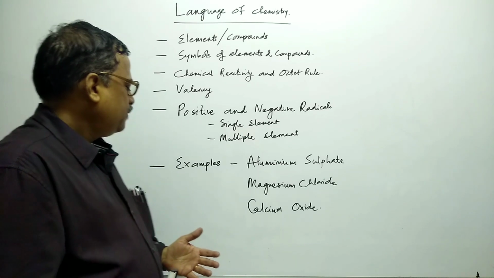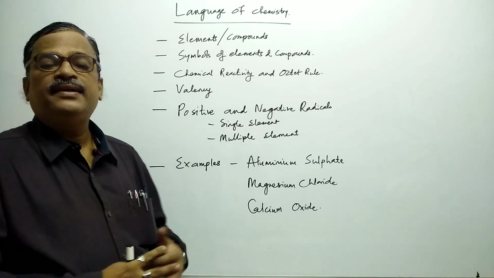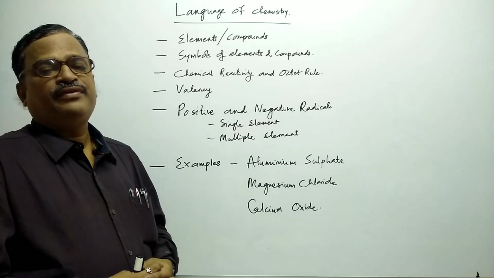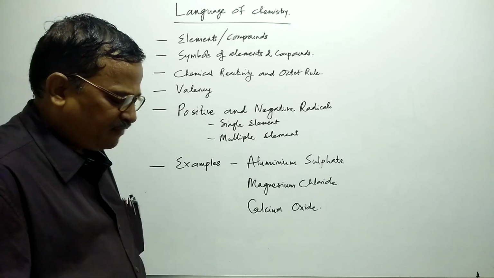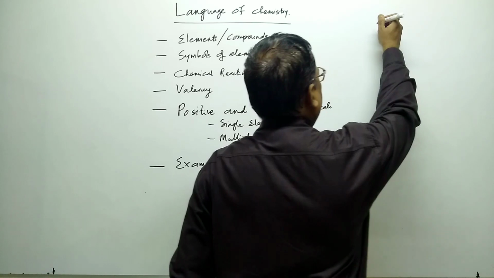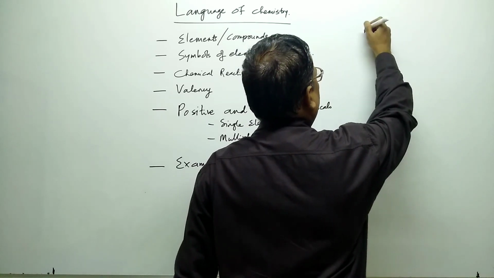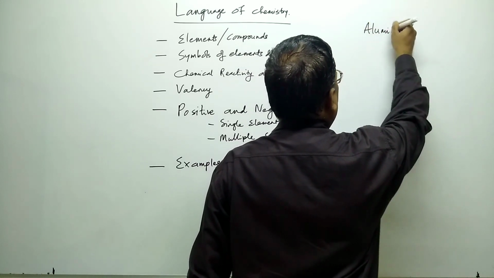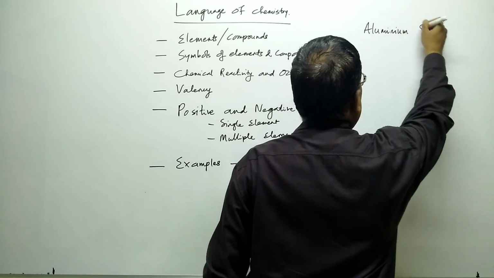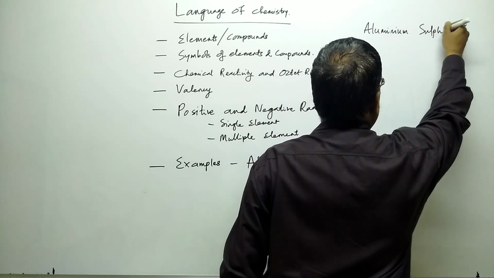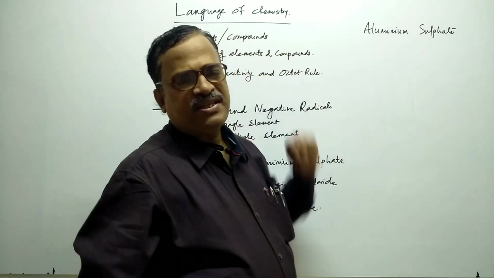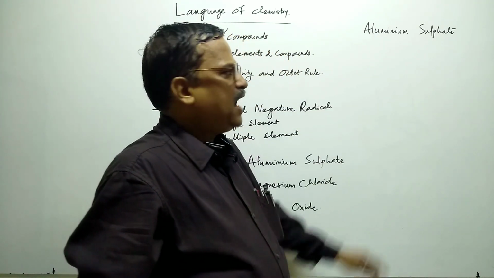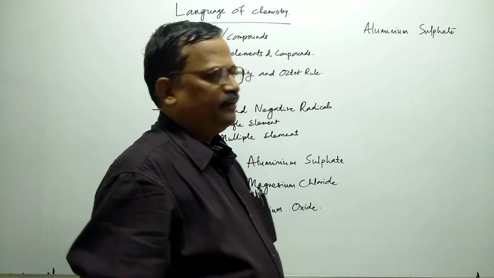Let us now understand how to write a molecular formula for a given compound. The first example, let us take, is aluminium sulfate. So we are to write the formula for aluminium sulfate. Aluminium sulfate is made from a positive radical called aluminium and a negative radical called sulfate.